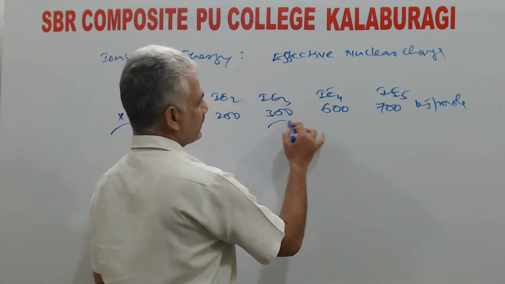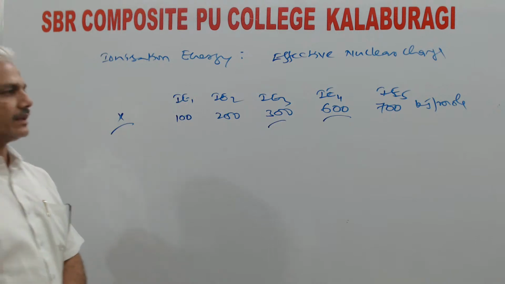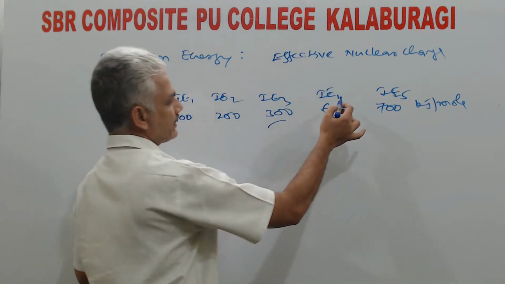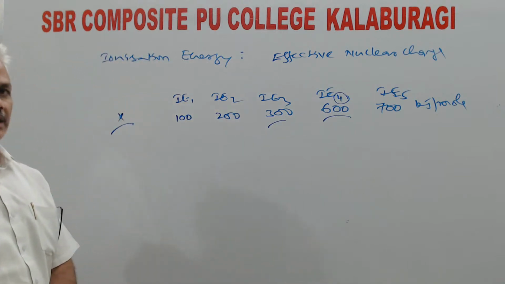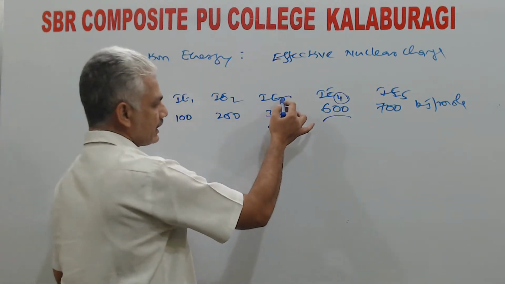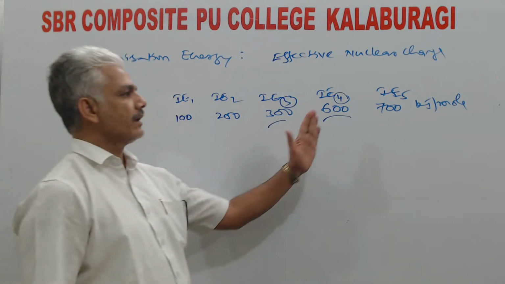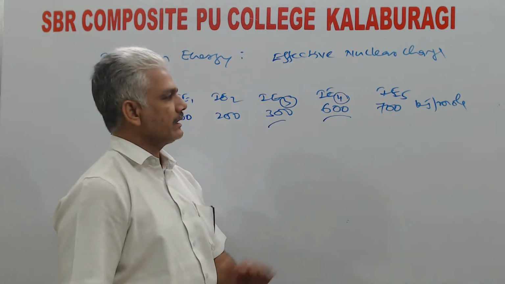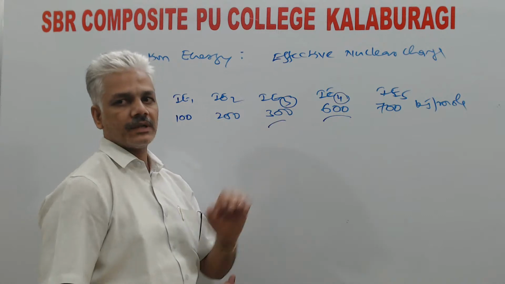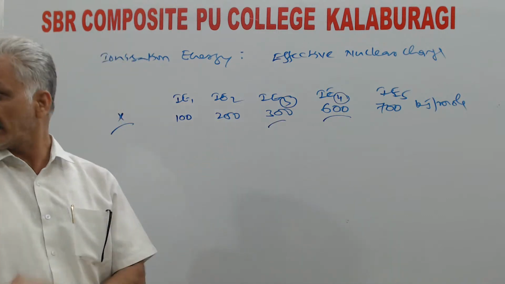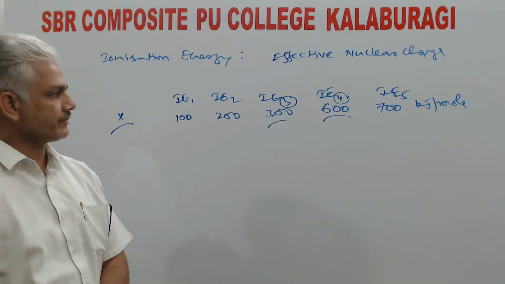But 300 to 600 means it is an abnormal increase. That means the energy required to take out the fourth electron is very high compared to the energy required for the removal of the third electron. Then next, this increase is again normal. That means at this particular position that atom is having a stable electronic configuration.